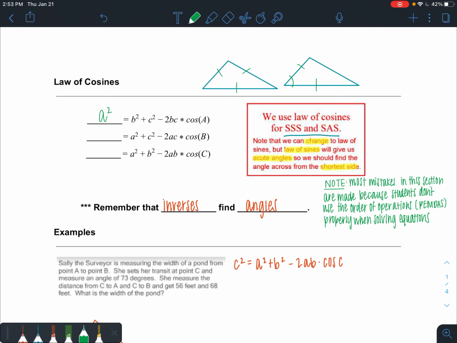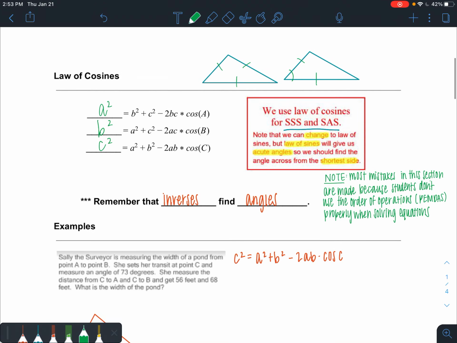So those two things should match up. Then B squared is equal to that, and C squared is equal to that. Okay, so it's really just memorization. There's really not a way of describing it in layman's terms to figure out how we get that. It's a very long process.